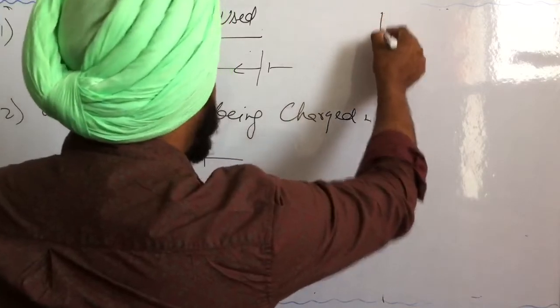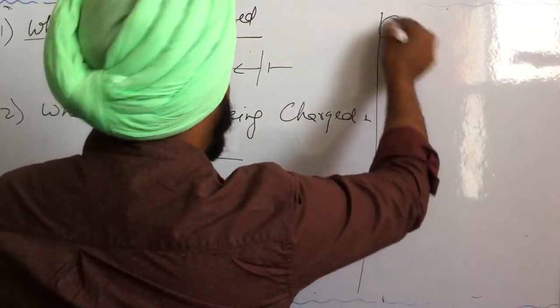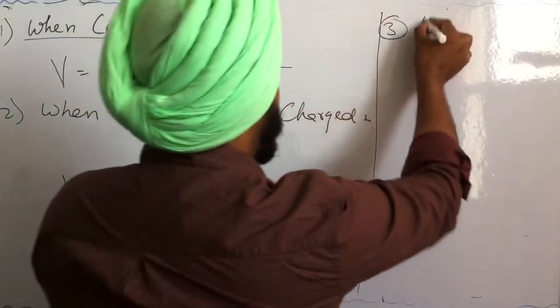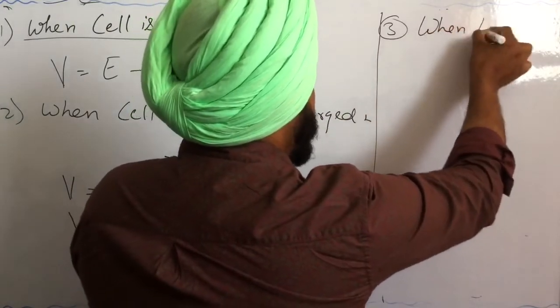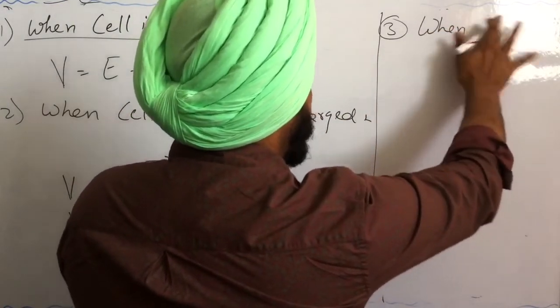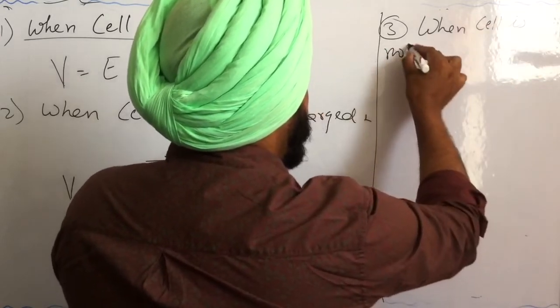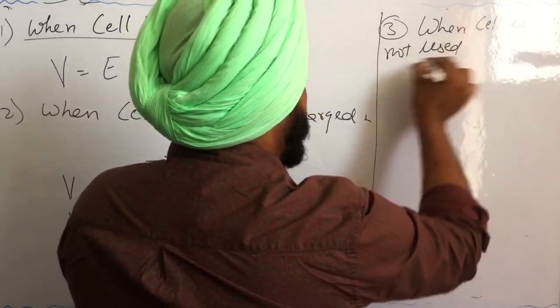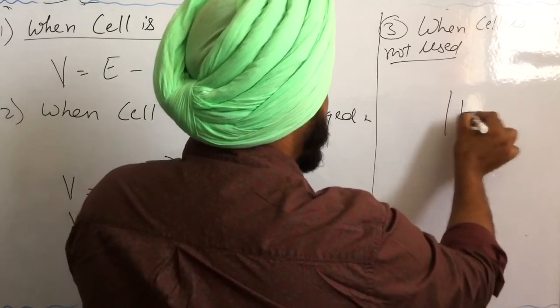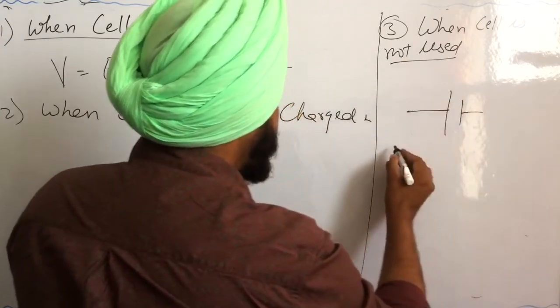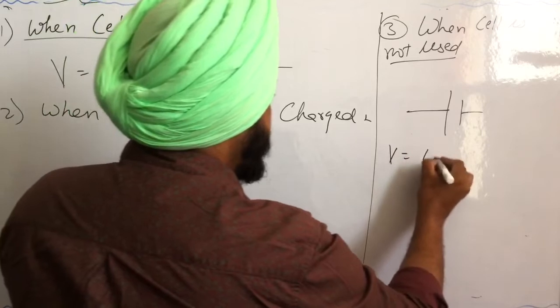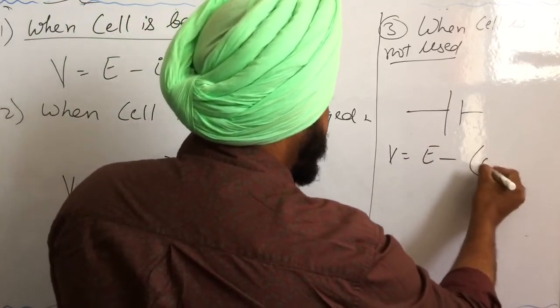And third point, we discussed about when the cell is not used. So when we are not using the cell, what would be the value of current? The current would be 0.